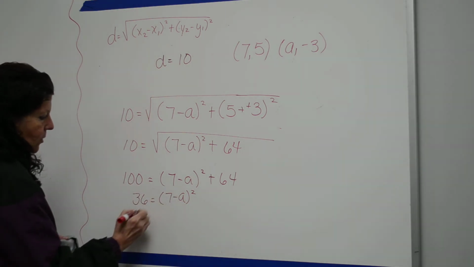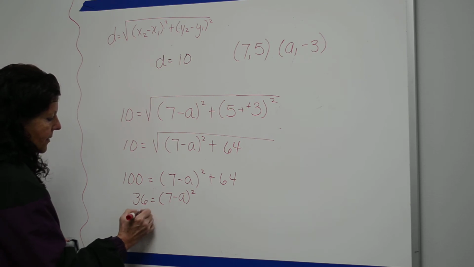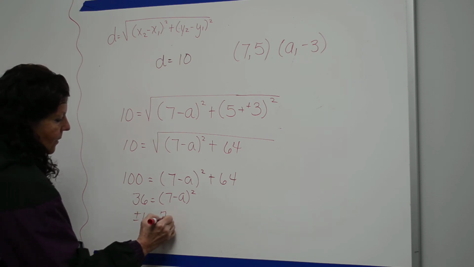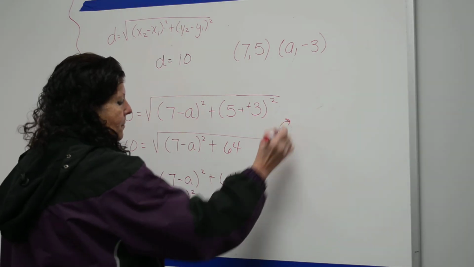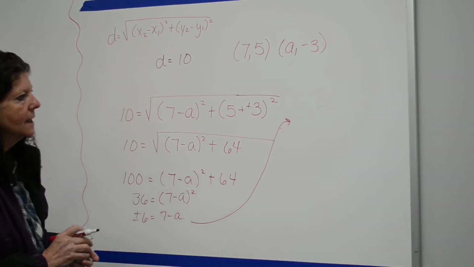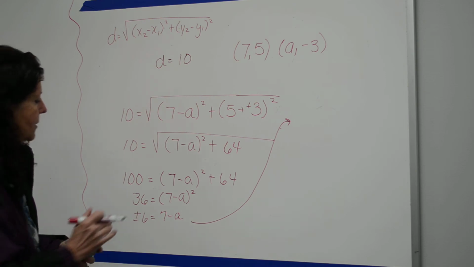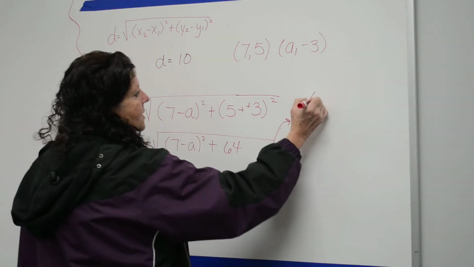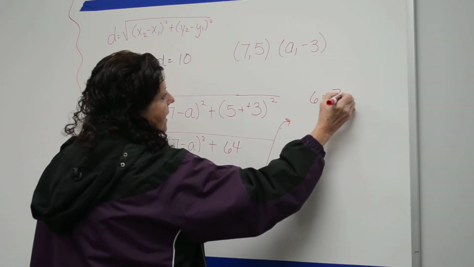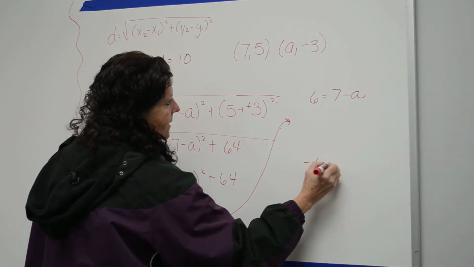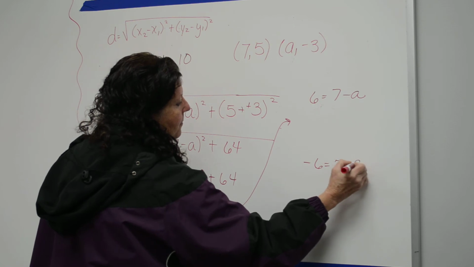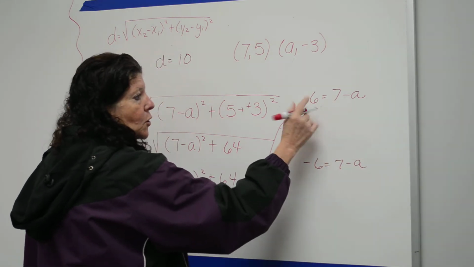So when I take the square root of both sides, I get plus or minus 6 is equal to 7 minus A. I'm going to come up here. If I write below this line, you're not going to be able to see it. So hopefully you'll be able to see this done out. So 6 is equal to 7 minus A, and negative 6 is equal to 7 minus A. I'm going to subtract the 7.